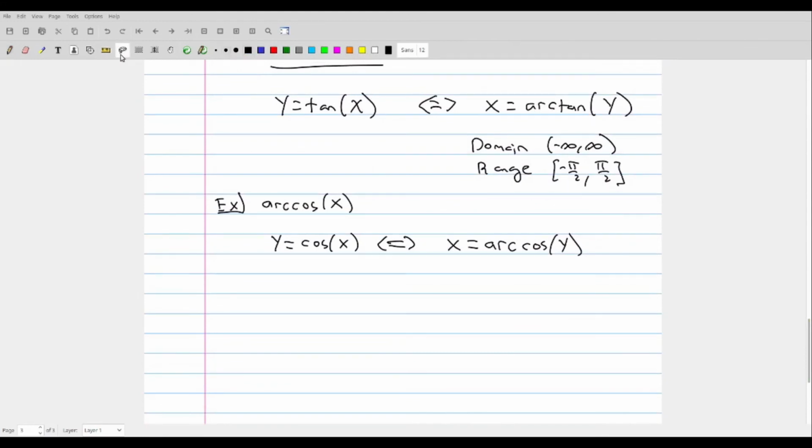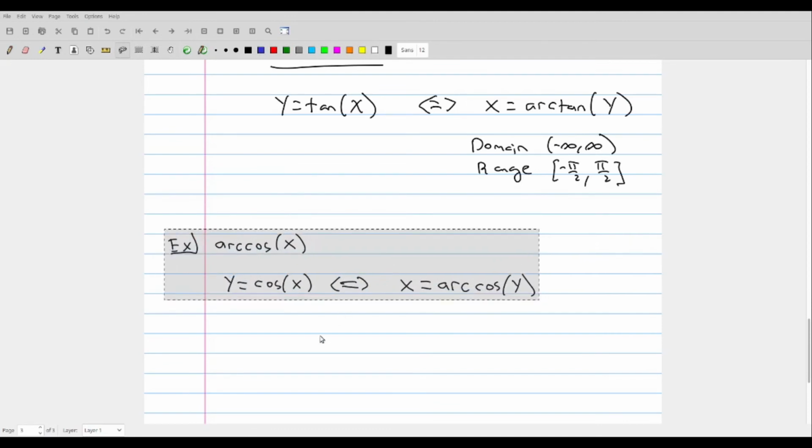And maybe I will open up the plot in a second just to show you that this is definitely doable. A good exercise would be to do it for the inverse cosecant, secant, and cotangent functions at home.